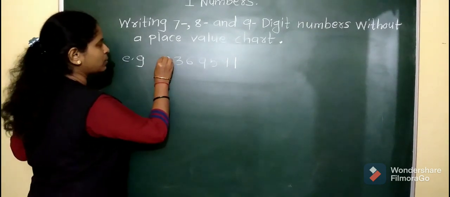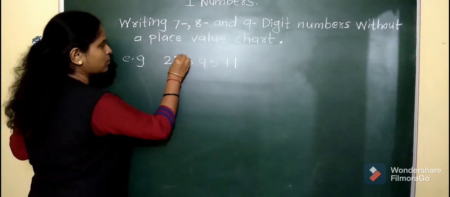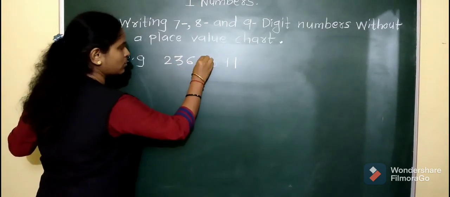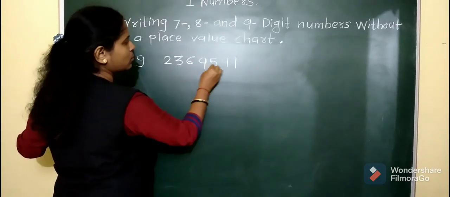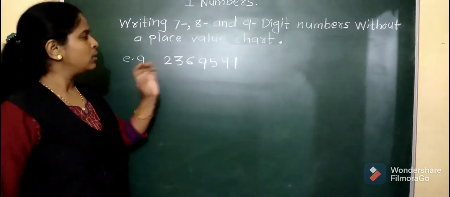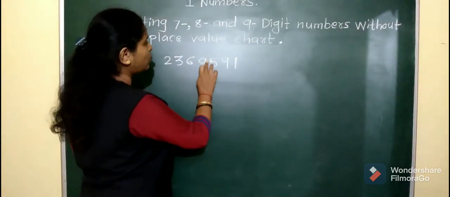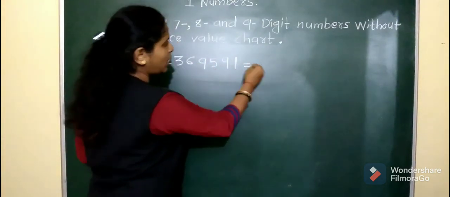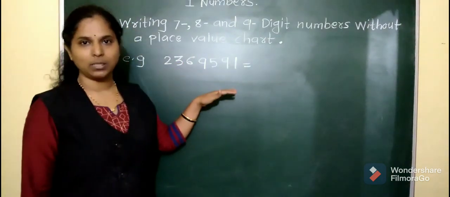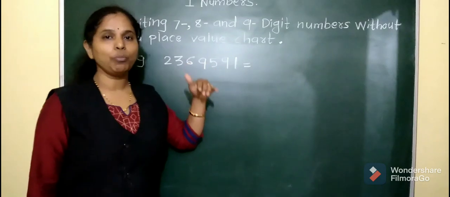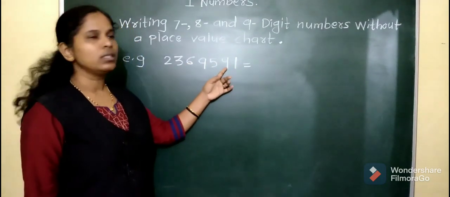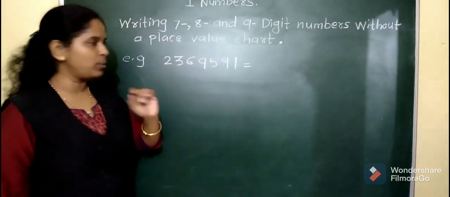Okay, see here. Can you see the number? Now, how to write the number without using the place value chart? For that, we will use commas. For this, you should know periods also. Now, these three, ones, tens and 100, make one period.